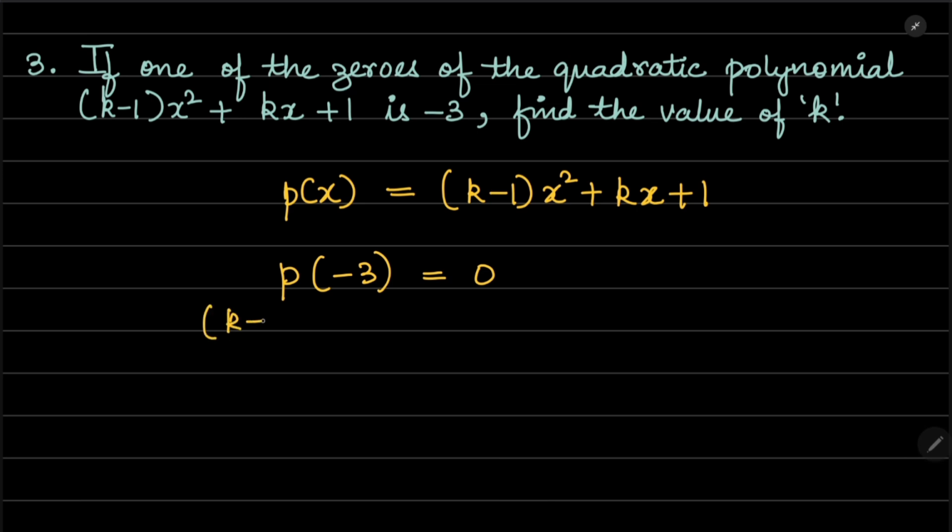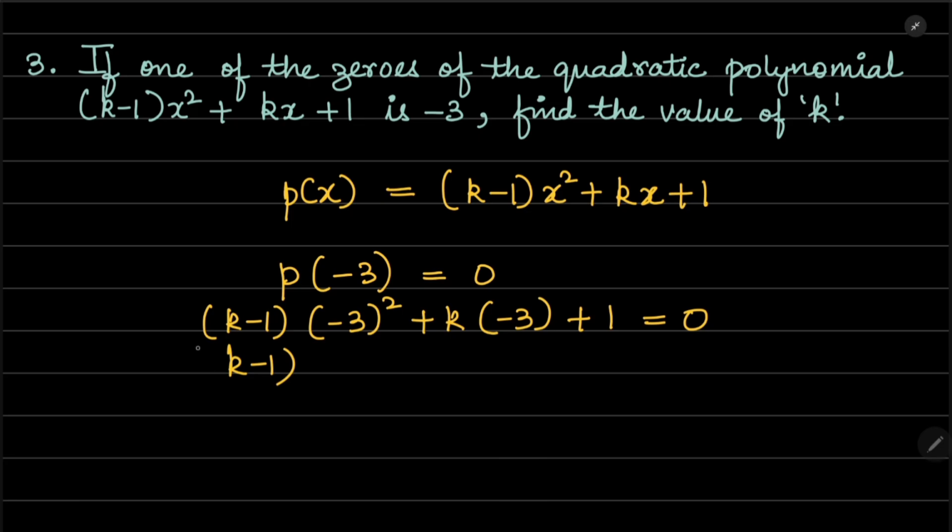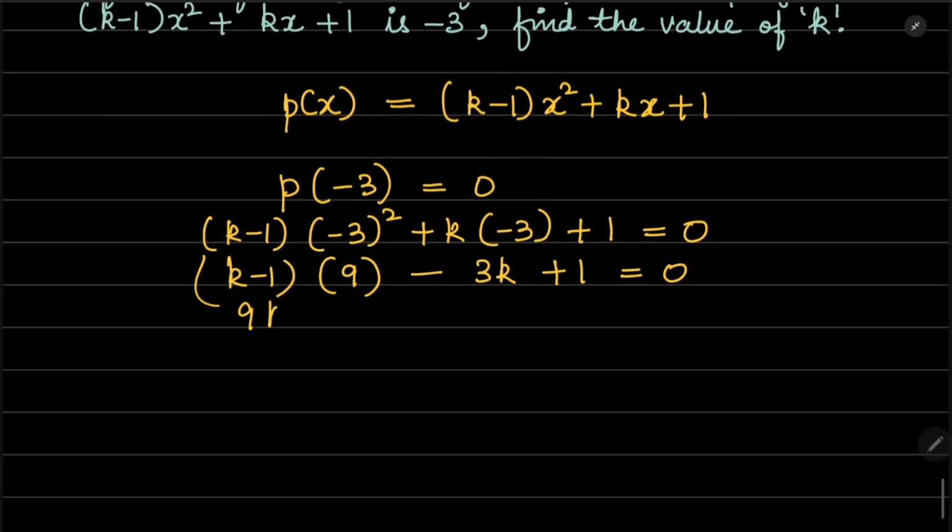So, (k minus 1) multiplied by (minus 3) the whole square plus k multiplied by minus 3 plus 1 equal to 0. So, (k minus 1) multiplied by 9 minus 3k plus 1 equal to 0. So, you will get 9k minus 9 minus 3k plus 1 equal to 0. 9k minus 3k is 6k.